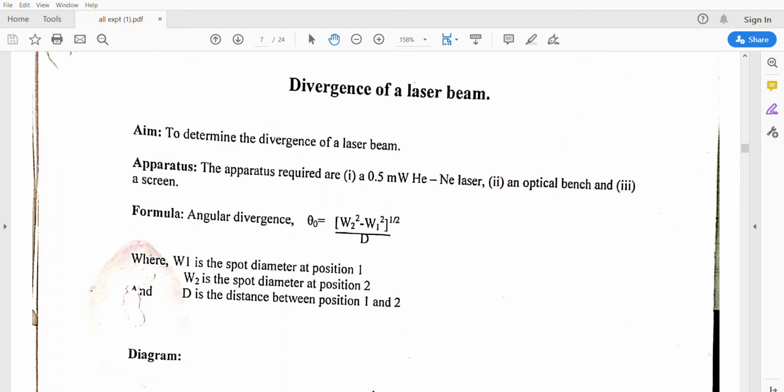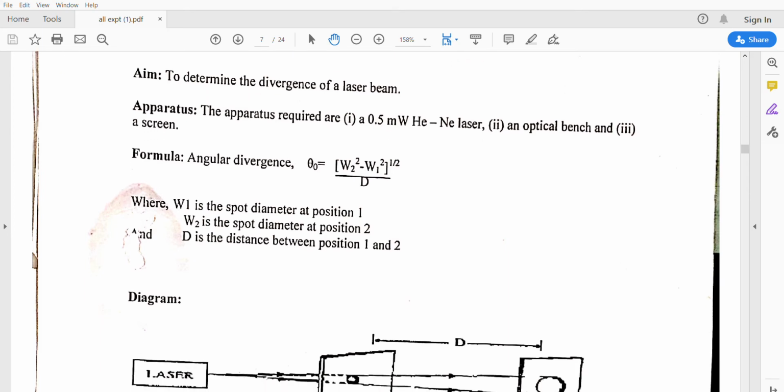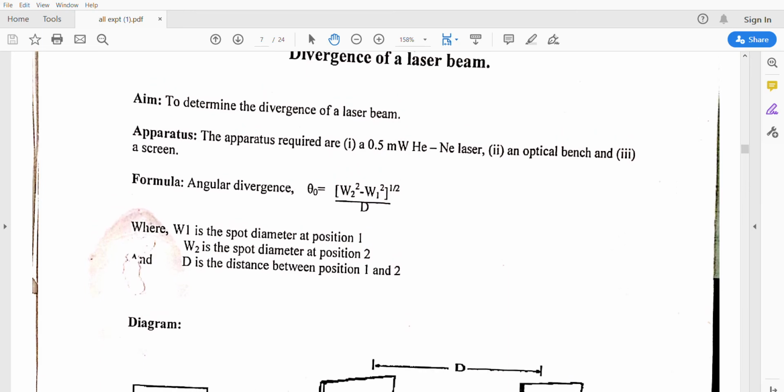Next, the formula we use in this experiment is for the angular divergence. Divergence is how much the beam deviates, how much angle it deviates, after traveling a certain distance. That is what we need to calculate, and for that we use this basic formula for angular divergence. Angular divergence is the deviation calculated when the laser light is traveling in the medium.